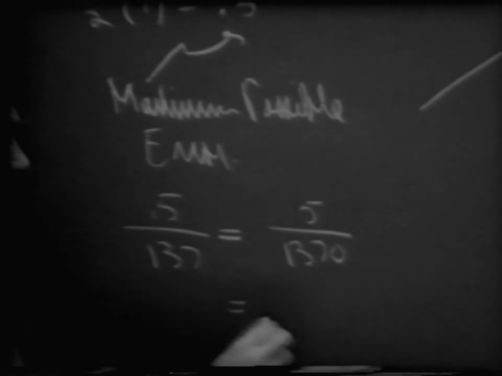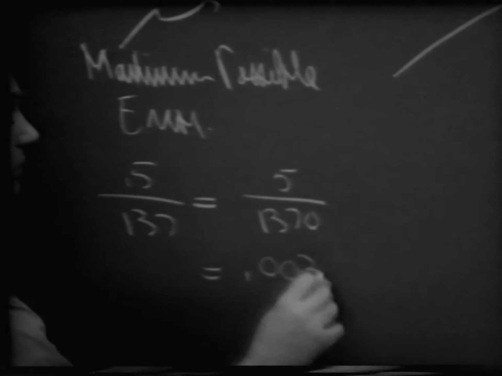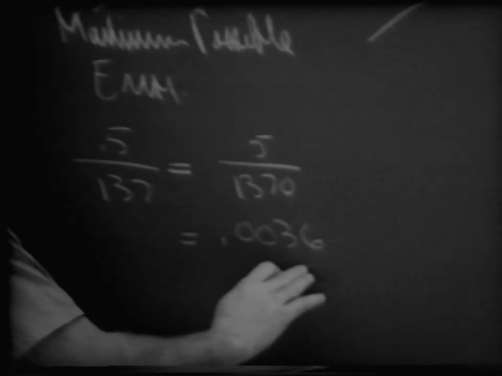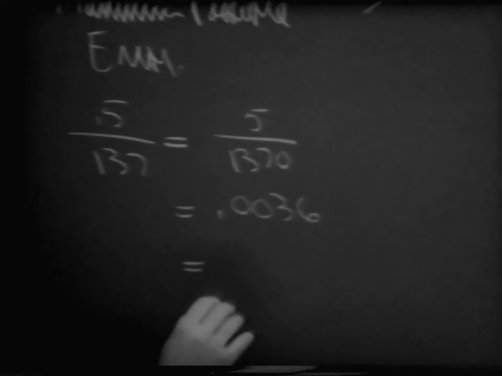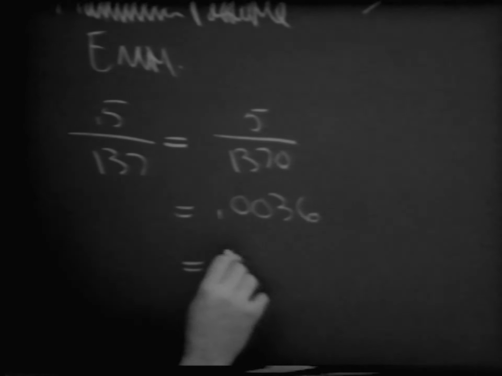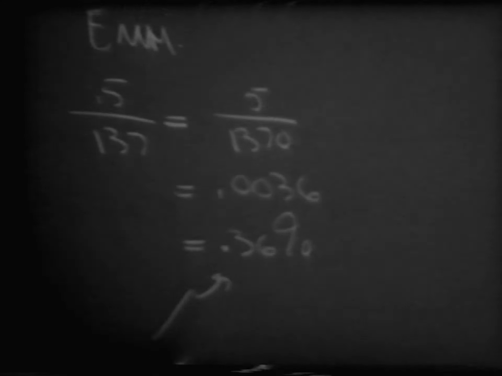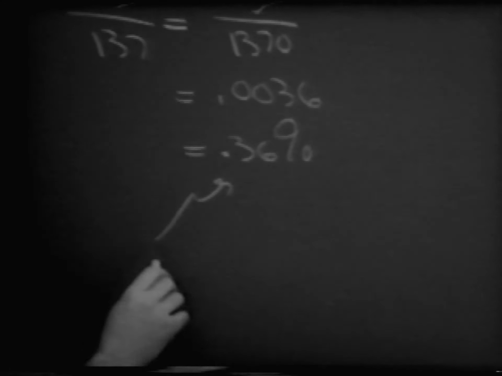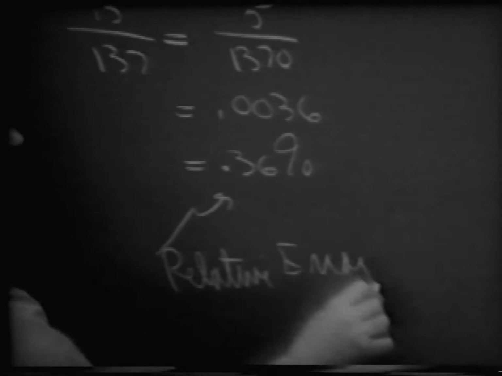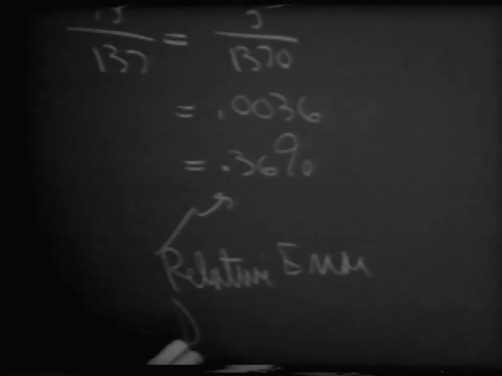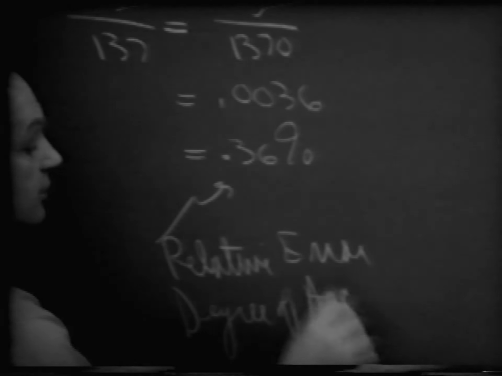I did some arithmetic before the lesson started, and this turns out to be 0.0036. If we express this as a percent, this would be 0.36%. We speak of this as our relative error, or another name for it is the degree of accuracy of our original measurement.